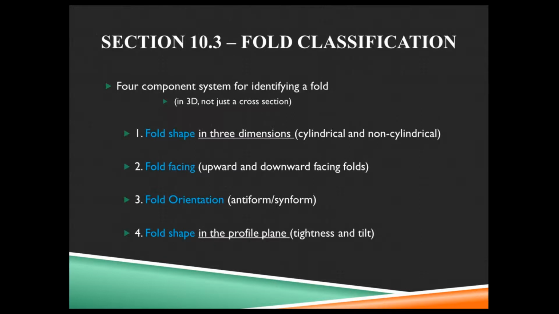Is it upward facing or downward facing? Where is the young rock? Where is the old rock? We want to look at fold orientation. Is it an antiform or a synform? What else can we see about it? And we want to look at fold shape, the profile in the plane, the tightness, the tilt, etc.